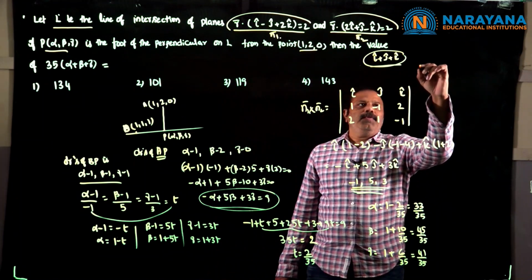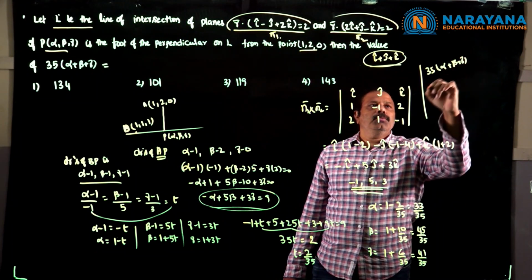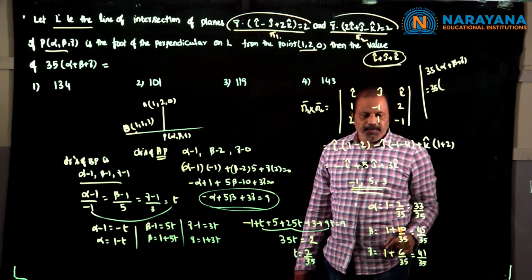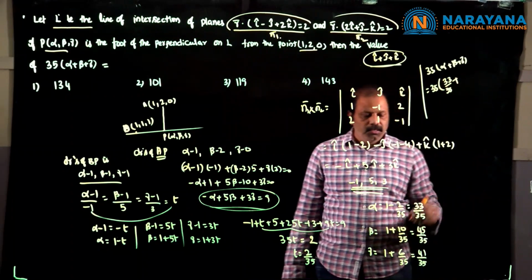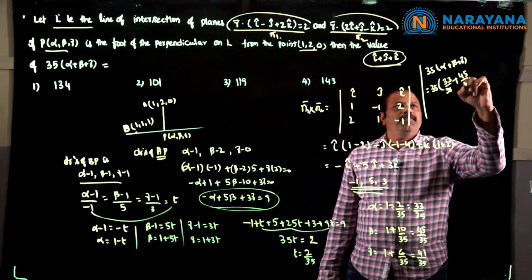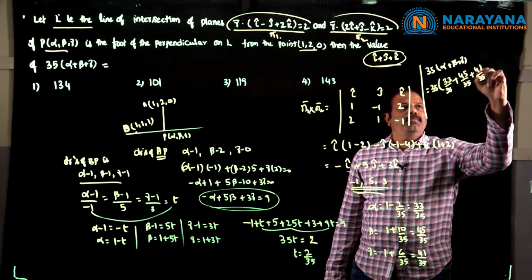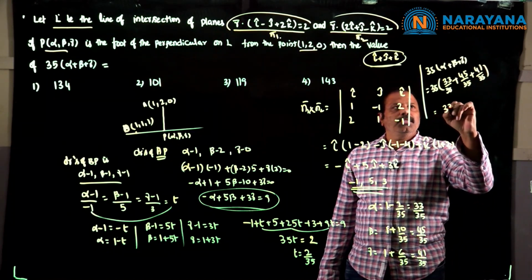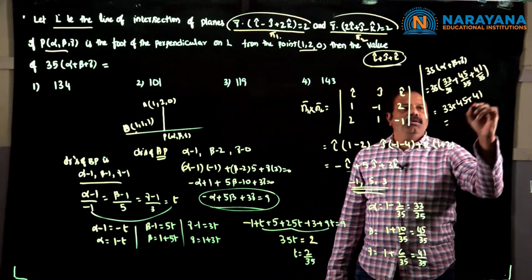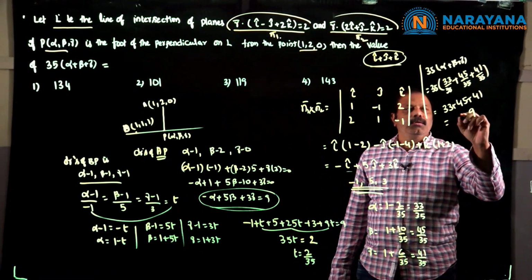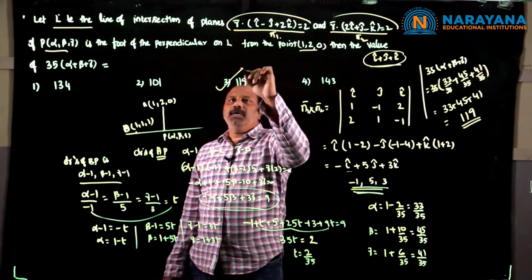Now 35 times of (alpha plus beta plus gamma) is equal to 35 into (33 by 35 plus 45 by 35 plus 41 by 35), which is equal to 33 plus 45 plus 41. So this is nothing but 119. 119 is the answer.